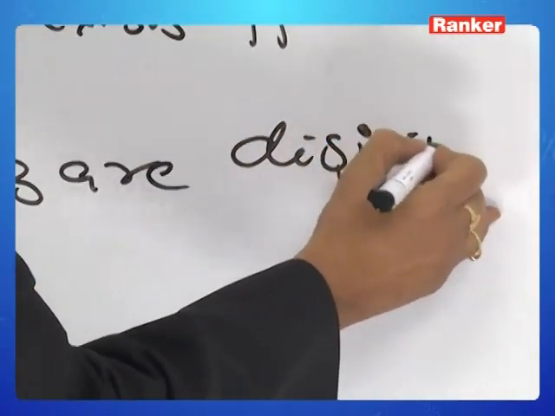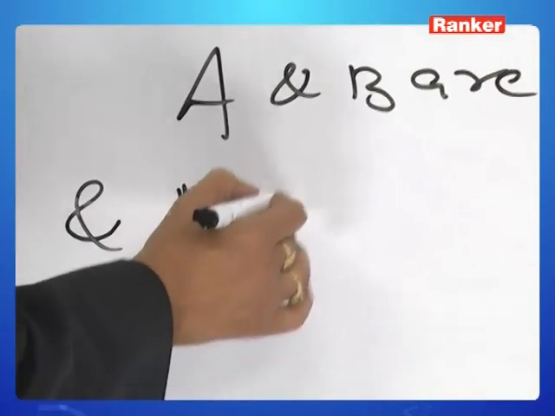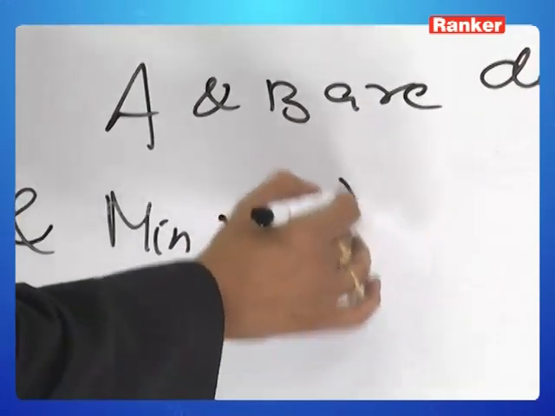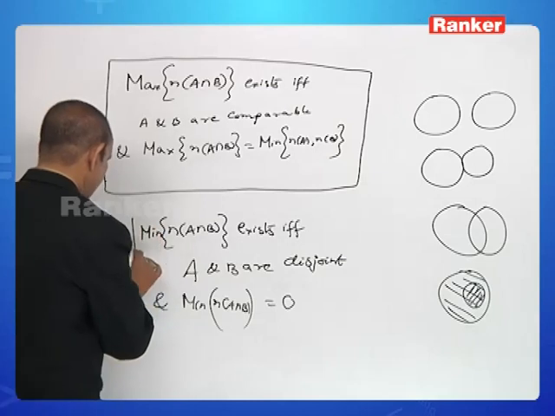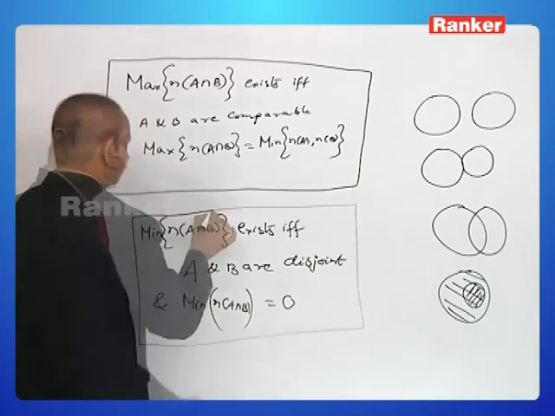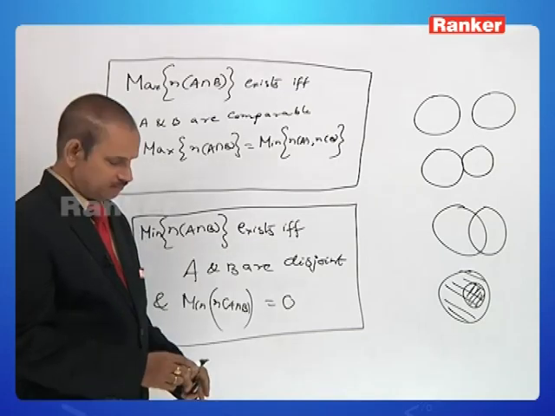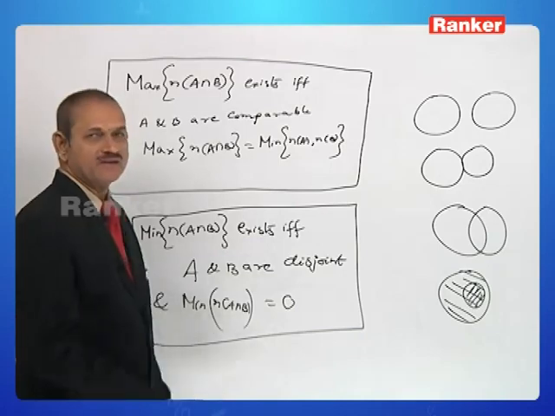And in this case, the minimum of n of A intersection B is equal to 0. That's it about the minimum value and maximum value of both n of A union B and n of A intersection B.